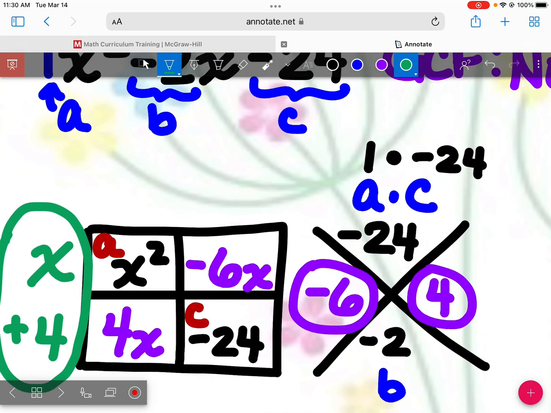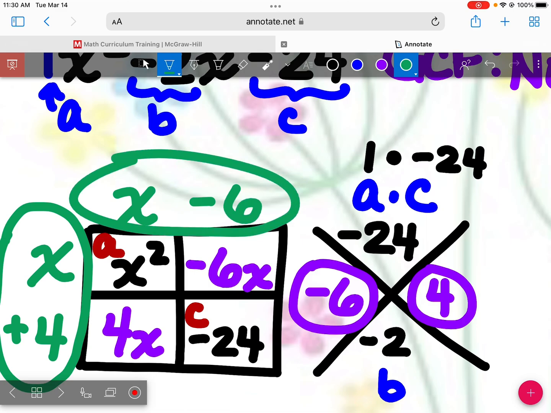Then I'm going to look at my columns, and I'm going to do the exact same thing. So first column right here, x squared and 4x. They have an x in common. My second column, -6x and -24. What's the biggest thing that goes into both? -6. How did you know it had to be a negative and not a positive?